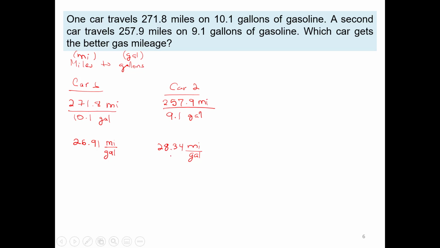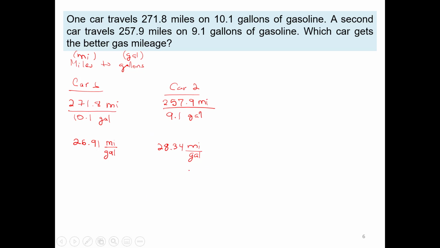But the second one travels 28.34 miles on 1 gallon. Then which of these two is better? The second car gets the better mileage, because it travels more distance with the same gasoline.